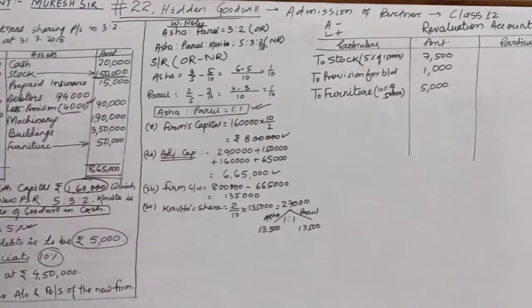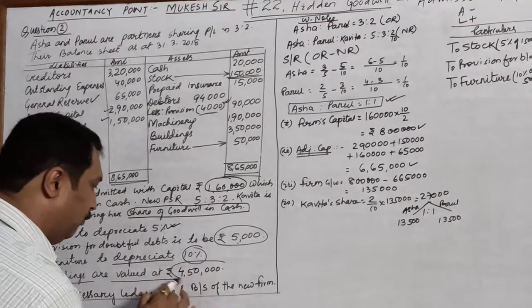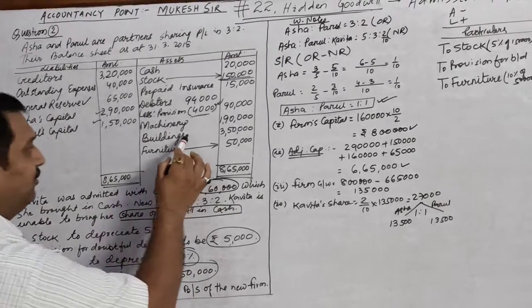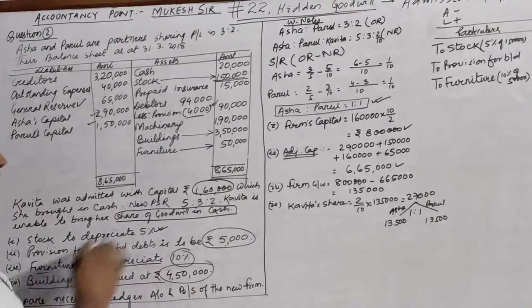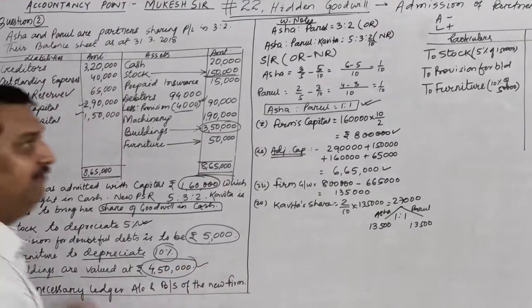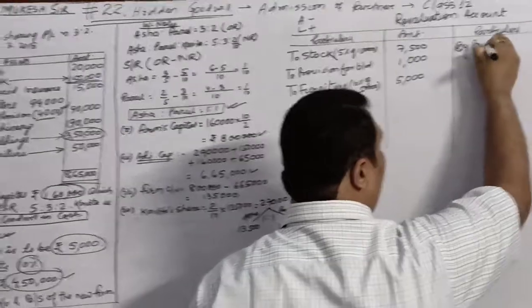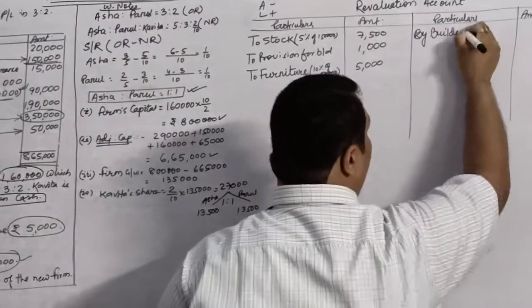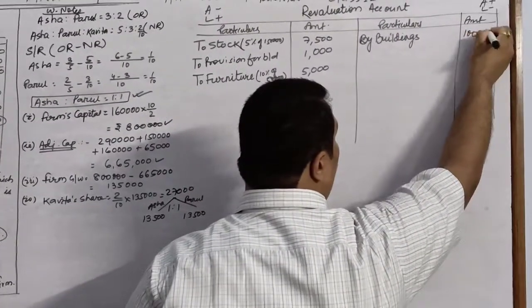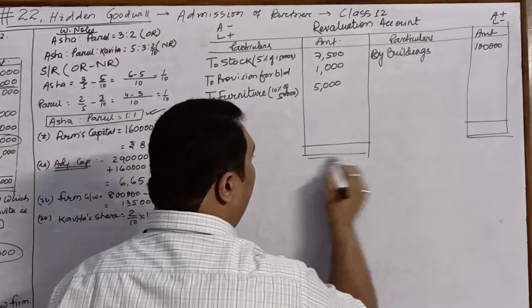And then the last item is buildings valued at rupees 4,50,000. What is the old book value of the building? It is 3,50,000. And the new value is 4,50,000. So it will increase. We will write it on the credit side because the asset is increasing. Buildings, rupees 1 lakh. There is no other item. This was the last adjustment for the revaluation.